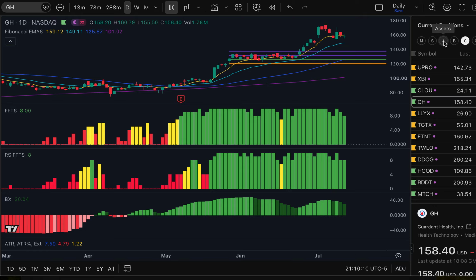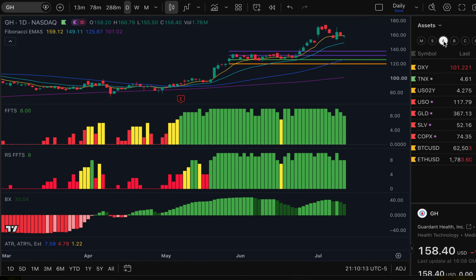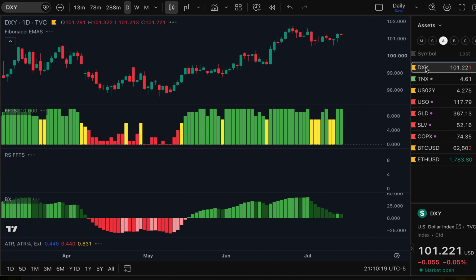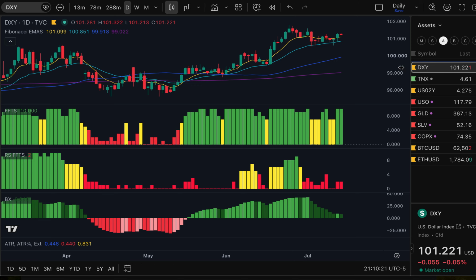And let me just close with looking at some asset classes. The US dollar. The dollar has been rising. We can see it's got a 10 out of 10 on the trend stack, and it has positive momentum.